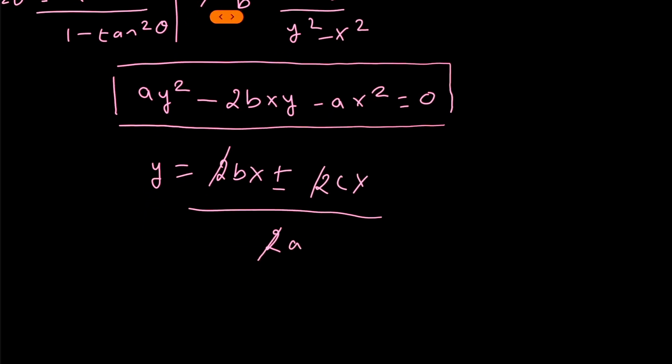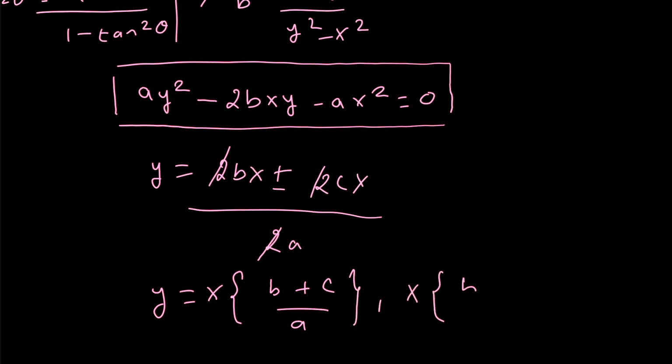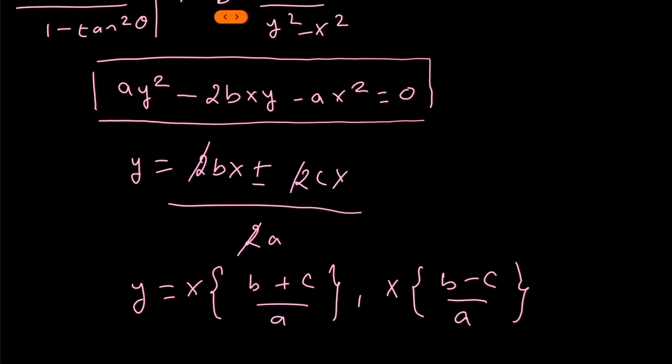We can even take x common, so we finally get y as x multiplied with b plus c upon a, or else x multiplied with b minus c upon a. Now which value should we take? Recall that we have a right angle triangle, height a, base b, and the hypotenuse c. We all know that in a right angle triangle the hypotenuse is the biggest side. This means it is obviously bigger than the base and even than the height.